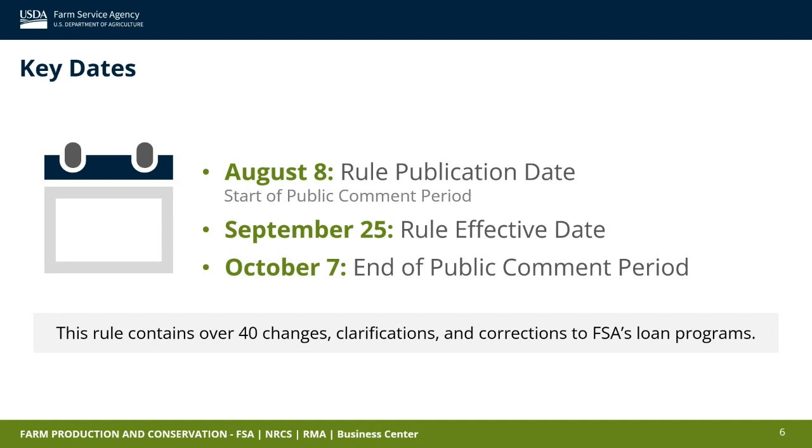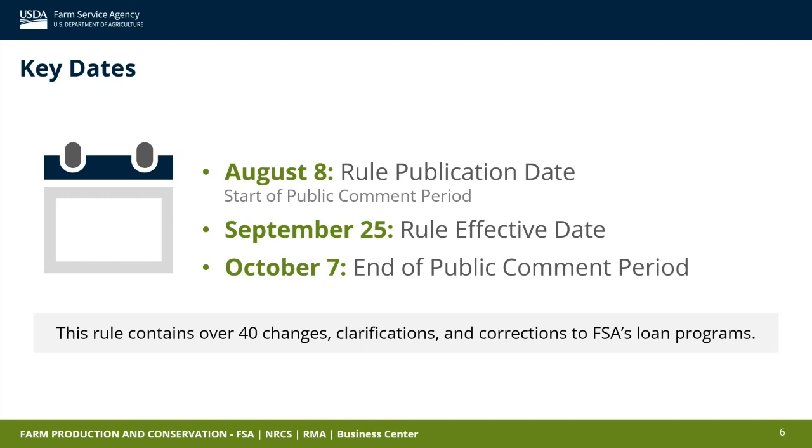The rule will be effective on September 25th, so we have tried to put an effective date in the future, knowing that the public, producers, lenders, and county office staff are just seeing this rule this week. We do want to have time for people to become familiar with it before the effective date of September 25th. It is published as a final rule, but it does have a 60-day comment period. That 60-day comment period starts today, and it ends on October 7th.